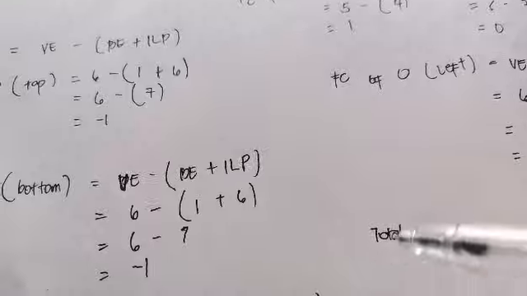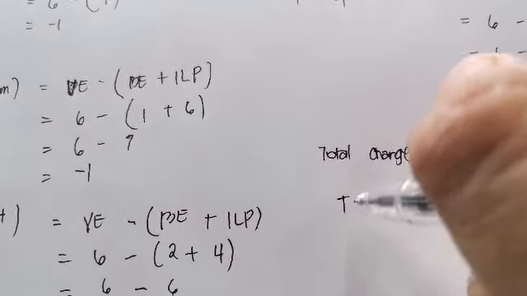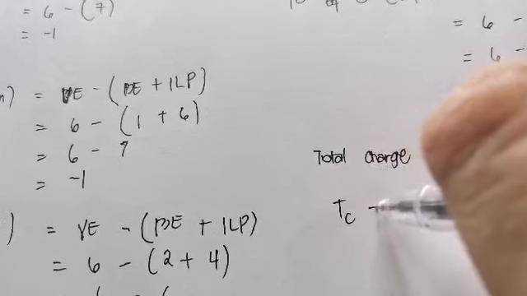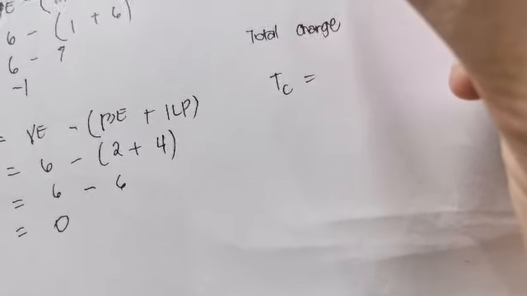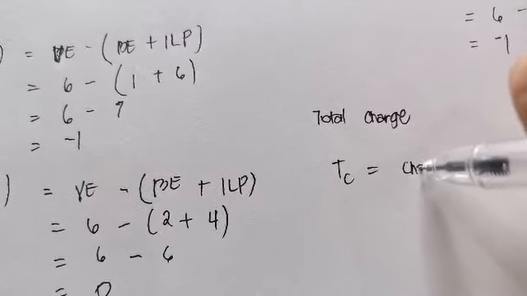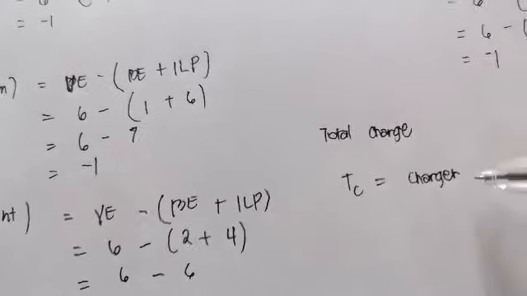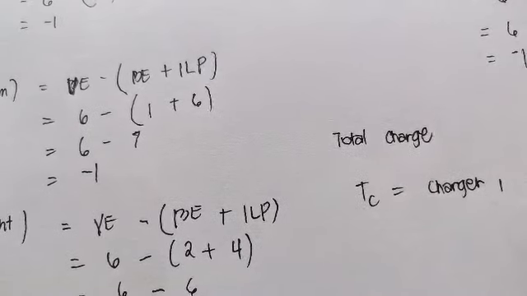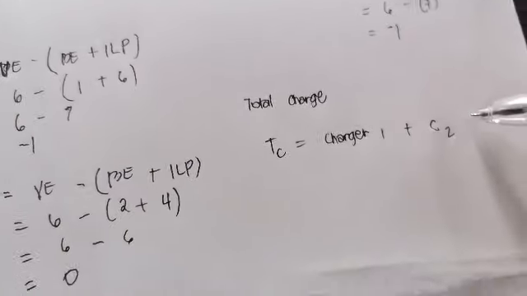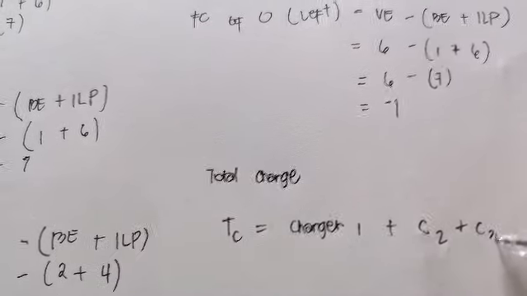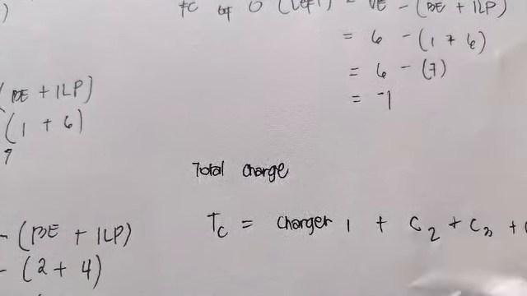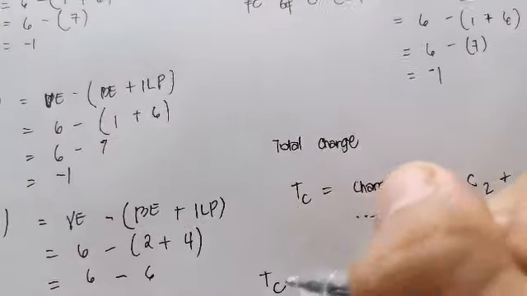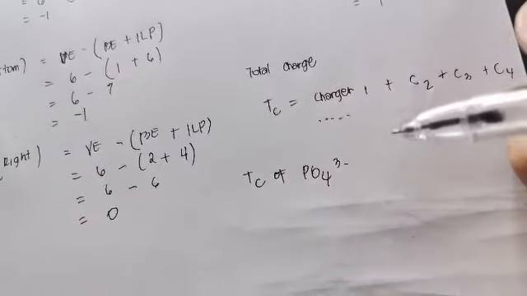Okay, the total charge, the formula in getting the total charge, so total charge is equal to, okay, the charge 1, okay, charge 2, charge 3, charge 4, and so on. Okay, so let's have here the total charge of the phosphate, the PO4 3 negative.